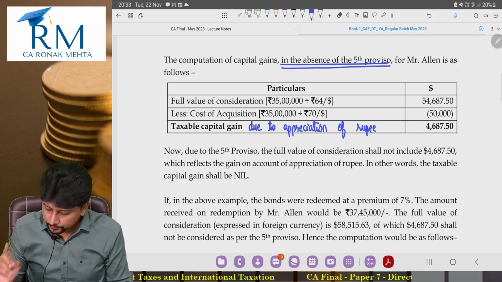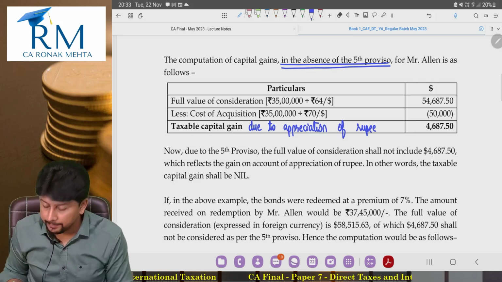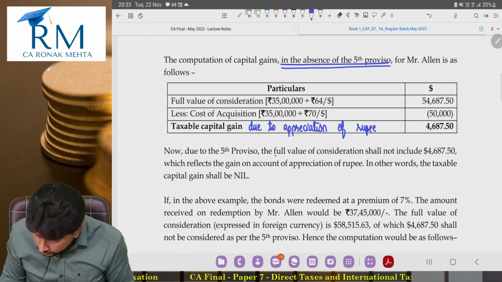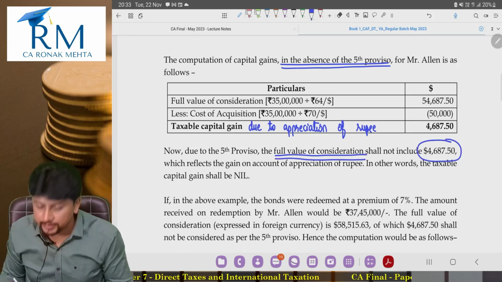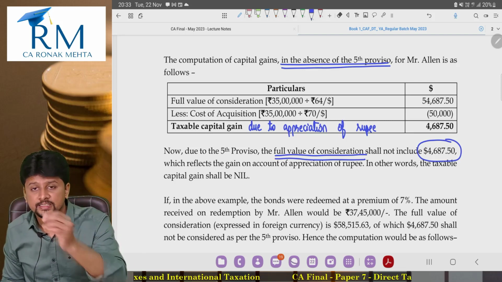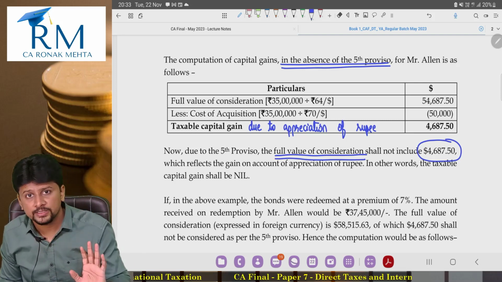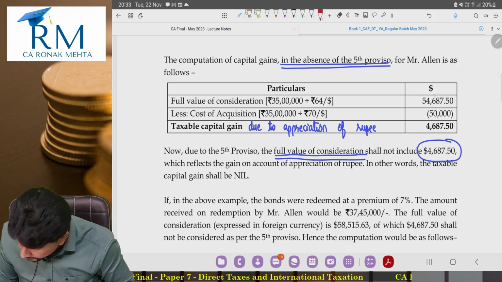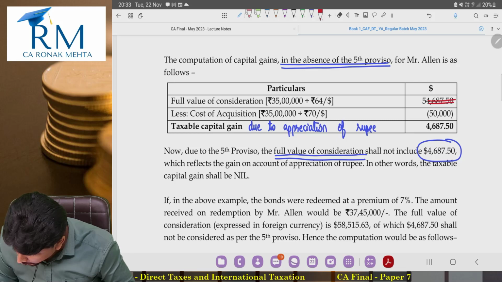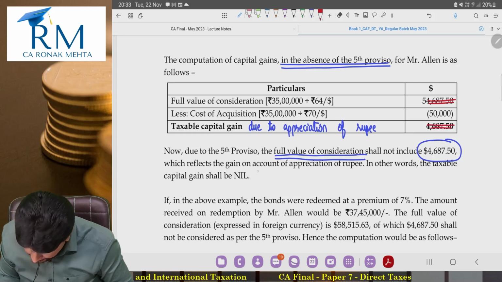So, due to the fifth proviso, what will happen? My full value of consideration shall not include this 4687.5, which is due to rupee appreciation, 70 becoming 64. The FVC will say, we will remove this 4687. Obviously, it means the taxable capital gain became 0.